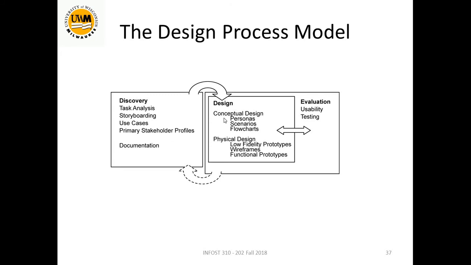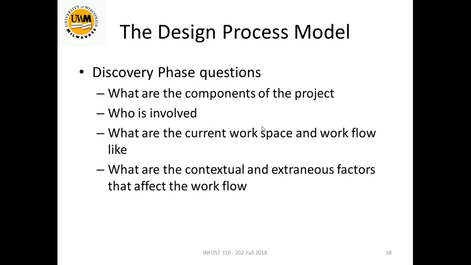In the design, we perform conceptual and physical design. We're going to talk about discovery in the next chapter and about the design in the next chapters. And then there is the evaluation, usability testing. We will also talk about it in future presentations.